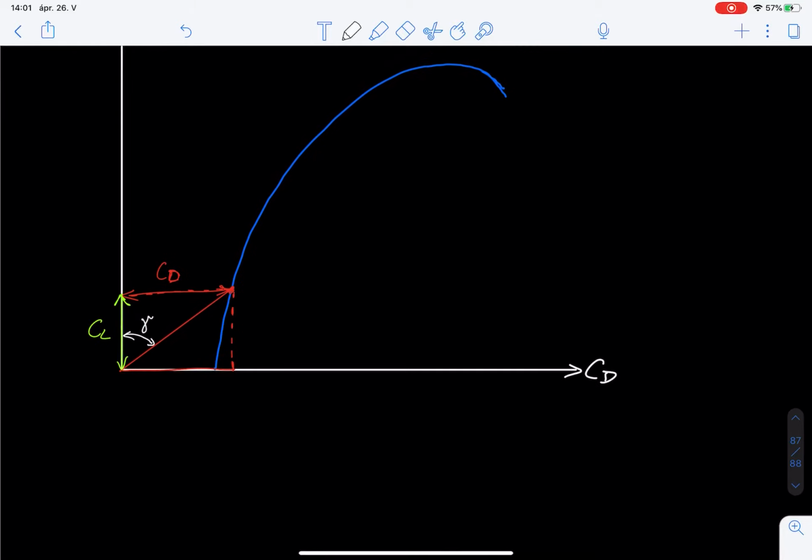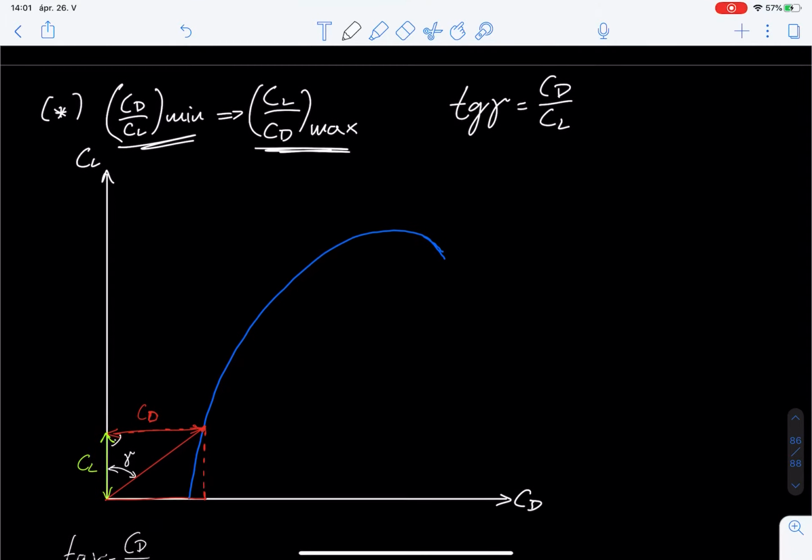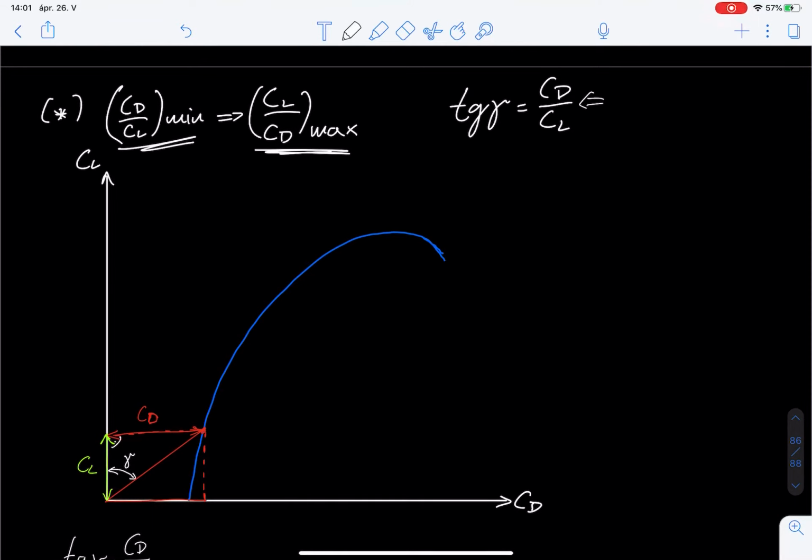Because essentially, here we have a right angle, so the tangent for this gamma angle is going to be the opposing side over the adjacent side, right? So this drag coefficient over the lift coefficient. So we're looking for the point where this gamma angle would be minimum, right? Because where the tangent gamma is minimum, the gamma is a minimum.